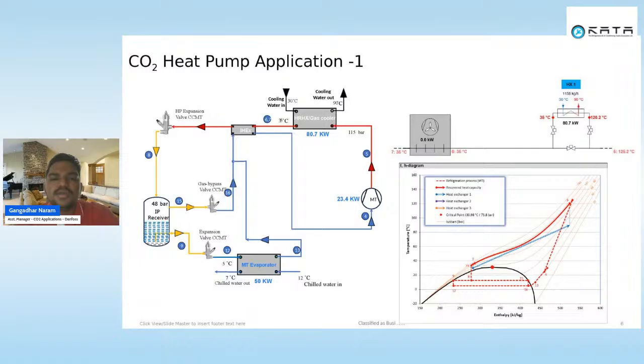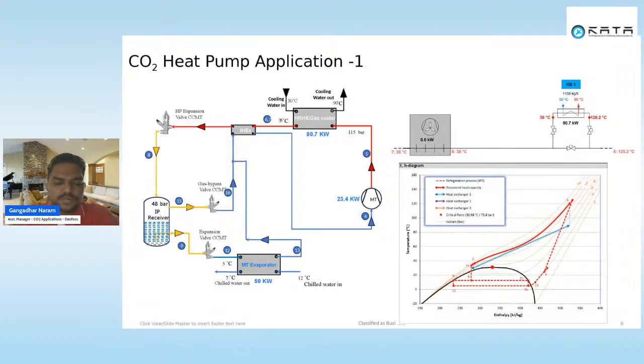In this one, the advantage of CO2 is that I can get, at a time, hot water temperature of 90 degrees and 7 degrees chilled water temperature. It is possible with CO2.